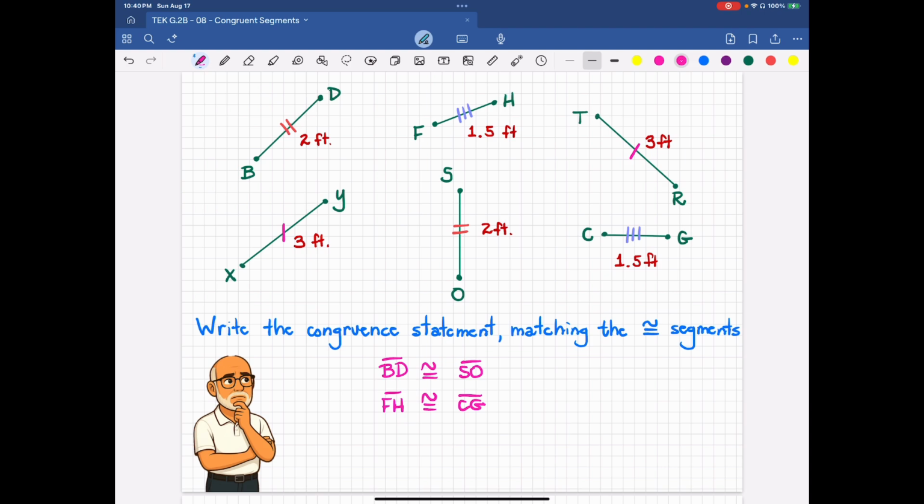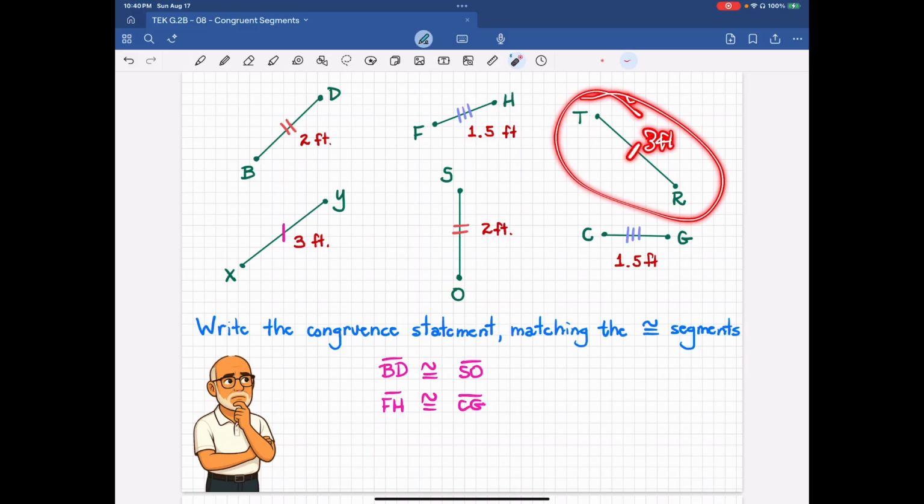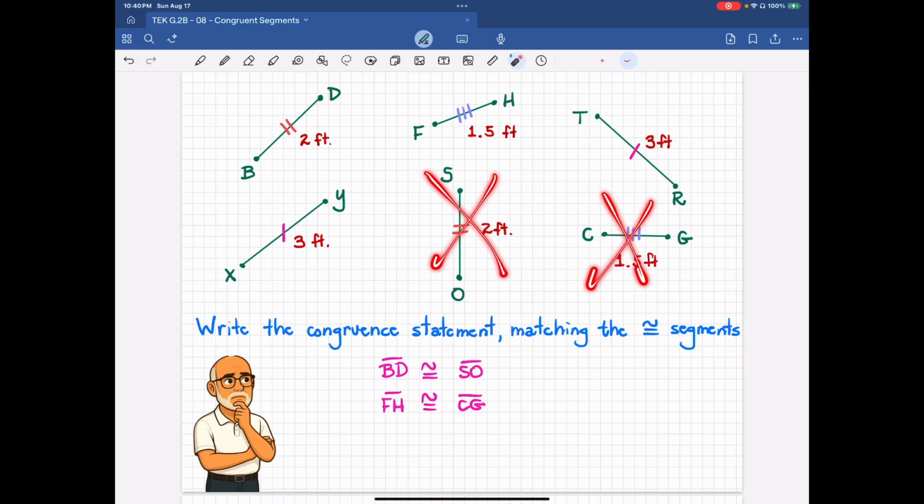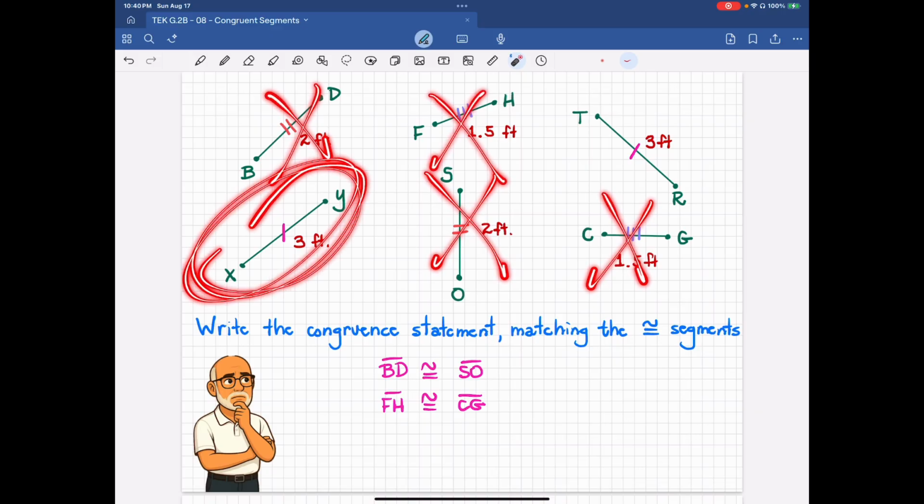My next line segment is this TR right here. I notice that it is 3 feet long and there's 1 marking on it. So I need to find another line segment that is 3 feet long with 1 marking. It's not this one, this one, this one, nor this one. Look, right here.